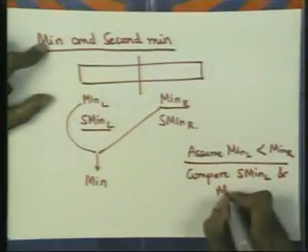But one of these elements we have sort of thrown out, which is S min R. This does not figure in the picture at all. So we need exactly one more comparison to get the second minimum: compare the second minimum from the left and the minimum from the right.